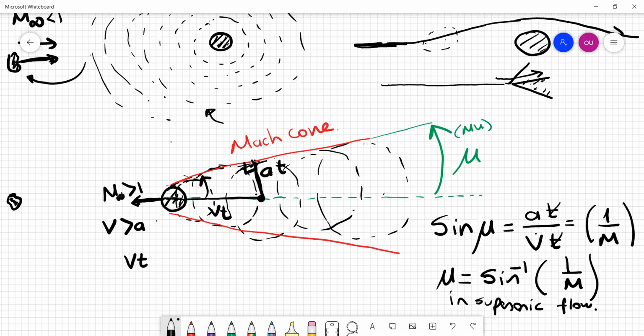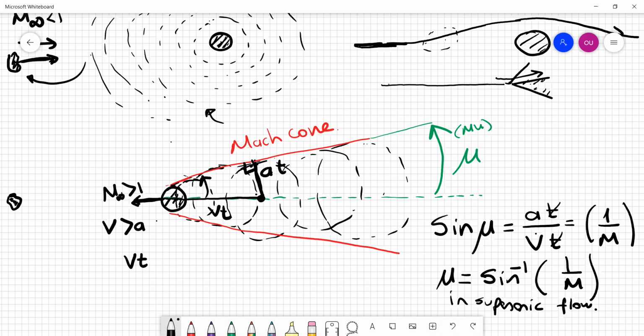But in any case, this is the concept of these disturbances: the object is moving and leaving behind all these disturbances, and these disturbances all come together, which we call coalesce, in the boundaries and create this Mach cone. This is the fundamental concept behind oblique shock waves.